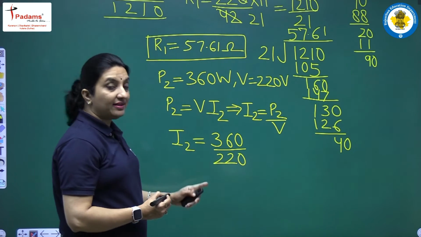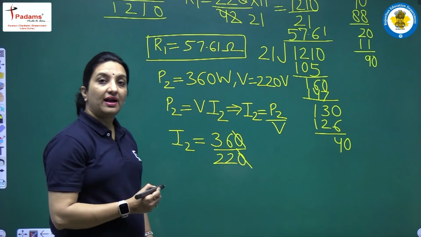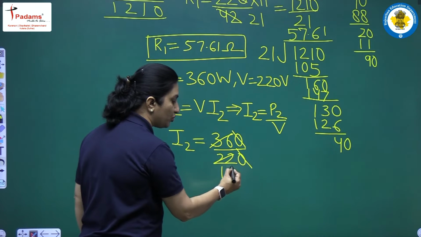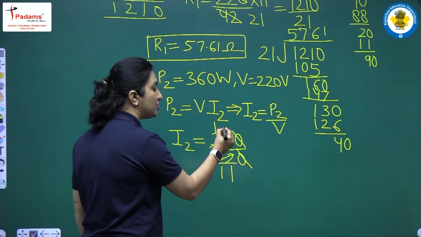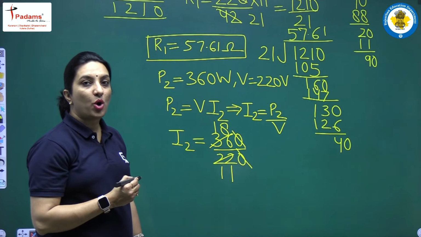Now if I divide this by a 10, then this 0 will go with this 0. Then again dividing it by 2, what I get is 2 1s are 2, 2 1s are 2, 2 1s are 2, 2 8s are 16. So I am left with 18 upon 11.